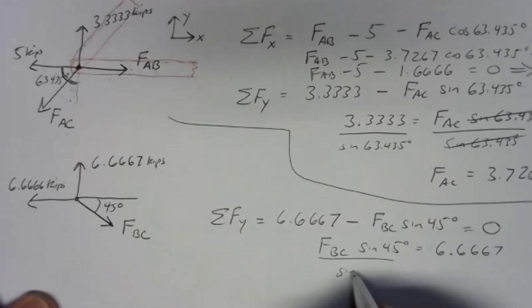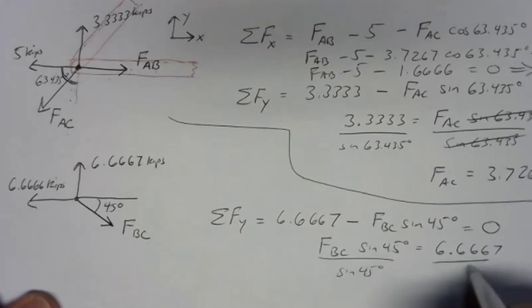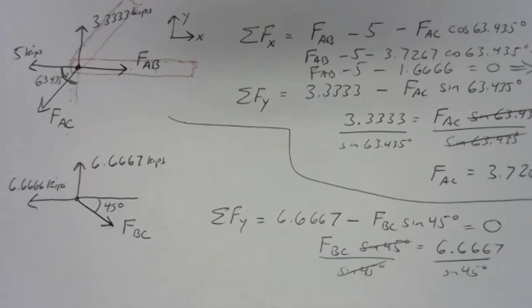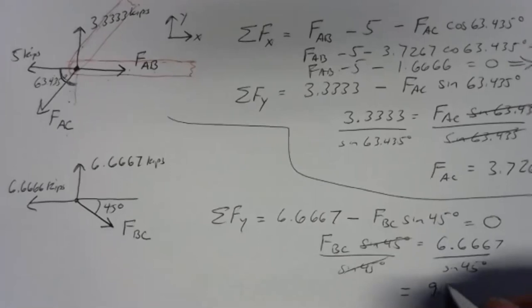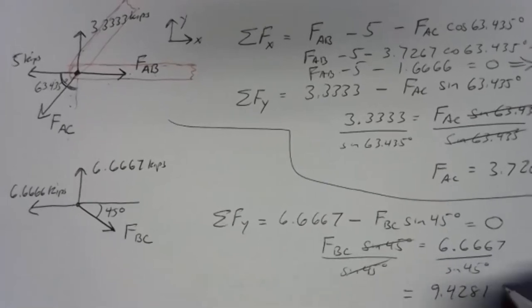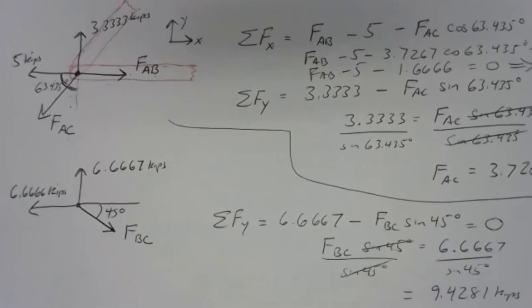Divide both sides by the sine of 45. And we'll get that member BC carries a load of 9.4281 kips.